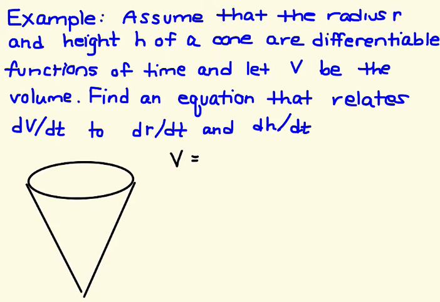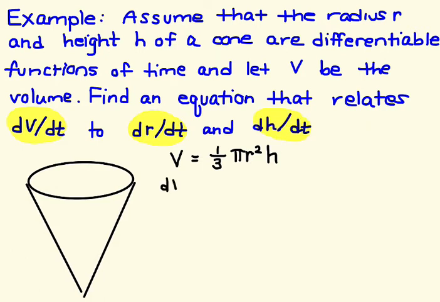Do you remember I said you can put the cone into a cylinder with the same size base, and it is what percent of it? It's a 1/3 actually. It's interesting. It's 1/3 the volume of the cylinder. So it's 1/3 pi r squared, that's the base, times the height. So we want to relate the rate of the volume change, the rate of the radius change, and the rate of the height change.